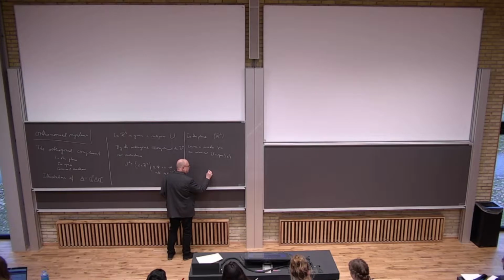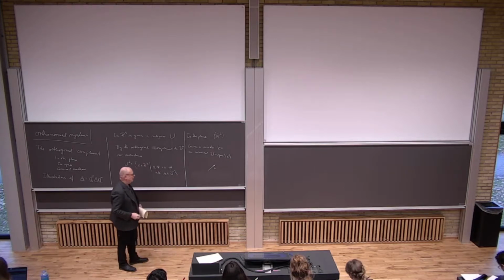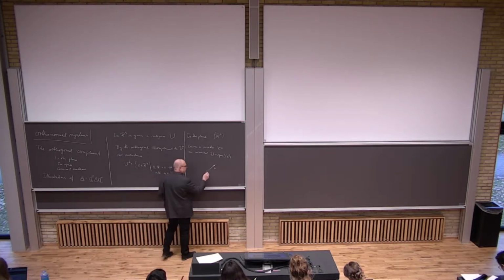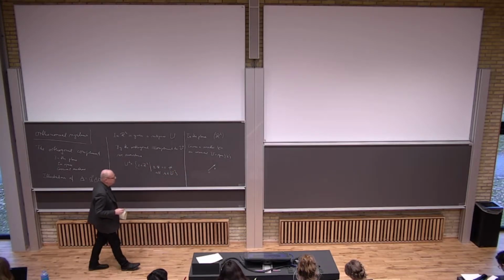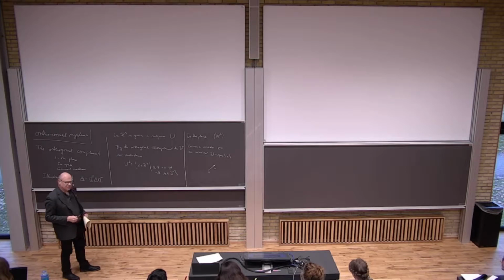So I make a drawing of my vector V, and I draw it from the origin, so to speak. But what is then the span of V?